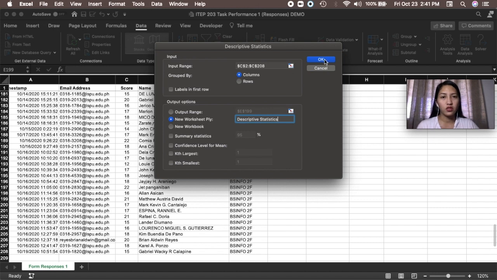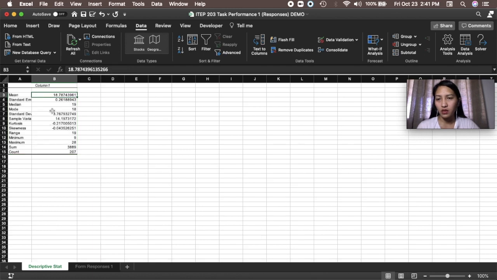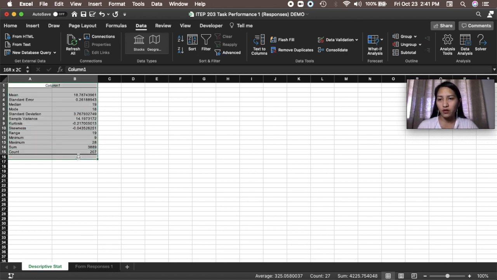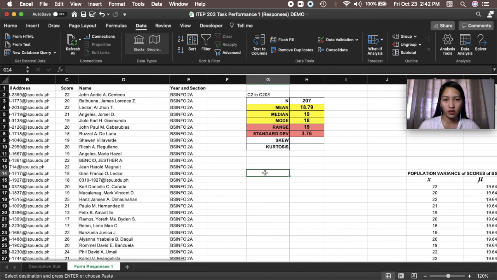So yeah, so let us try to press OK. And then the summary statistics, and then OK. So there. So now you have the mean, you have the standard error, the median is 19, the mode is 18.